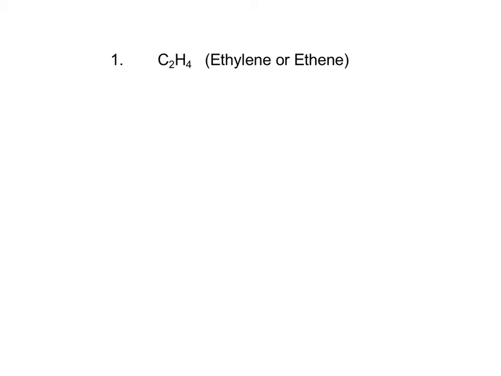So C2H4, the Lewis structure first. If you go through the details, we've done this before, that's going to be the Lewis structure. The VSEPR structure: you have three groups of electrons for each carbon, 1, 2, 3. So that's 120-degree angles.